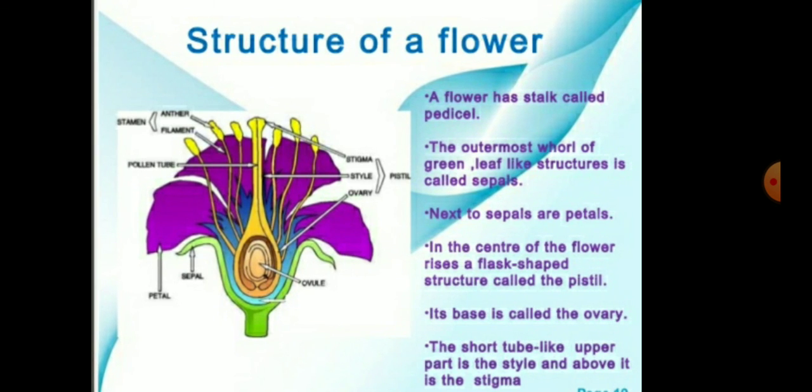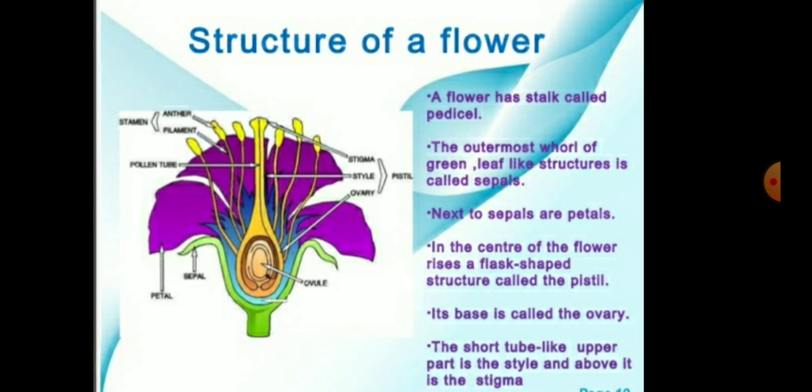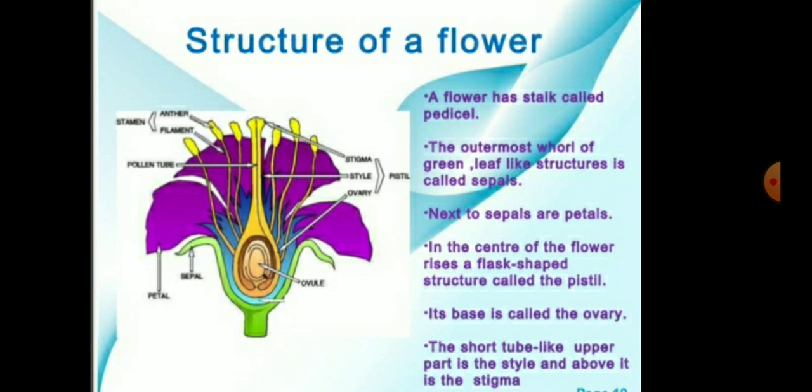In the center of the flower rises a flask-like structure. It is called the pistil, which is the female reproductive part. Pistil is divided into three parts: stigma, style and ovary. In the ovary there are many ovules present, and the base is called the ovary, which is swollen in structure.